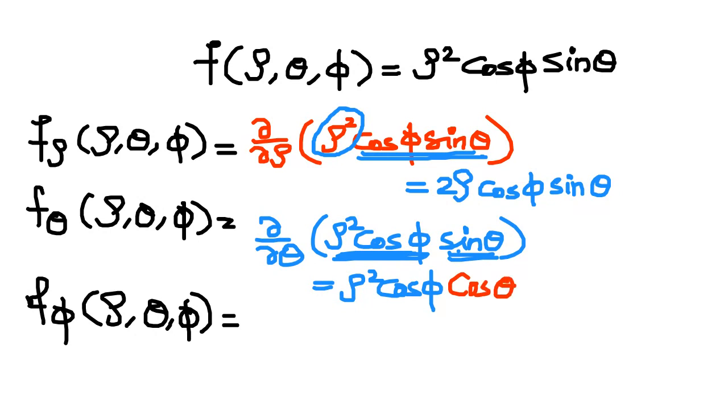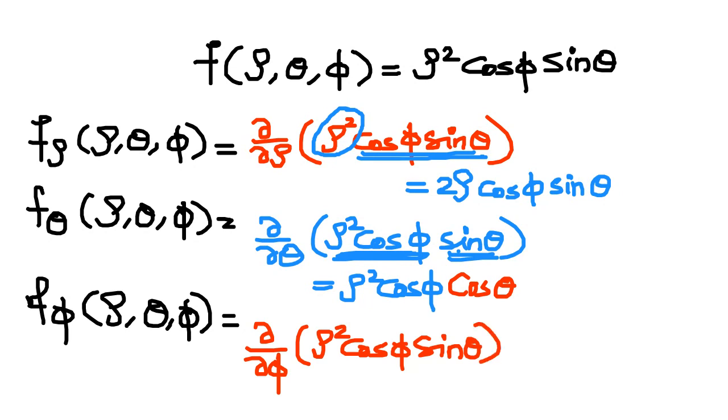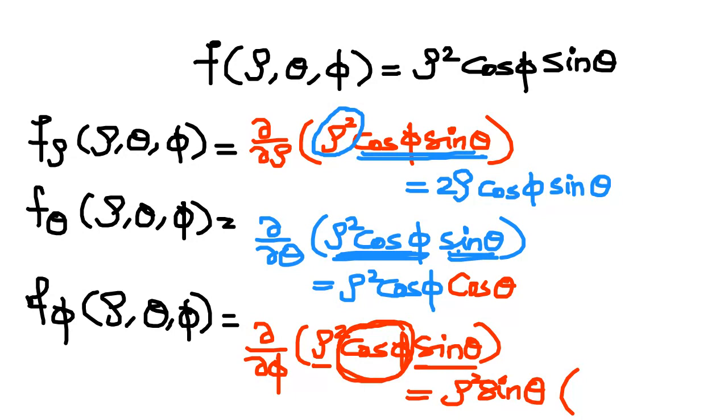Similarly, you can find the partial derivative with respect to phi of rho square cosine of phi sine of theta. So what are the two things constant? Rho square and sine of theta are the same. And what is the derivative of cosine of phi?